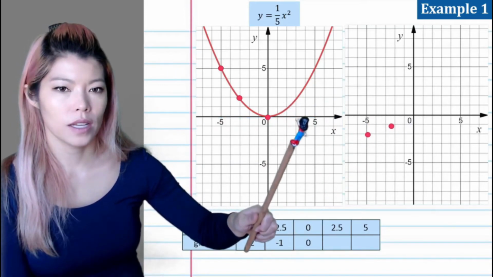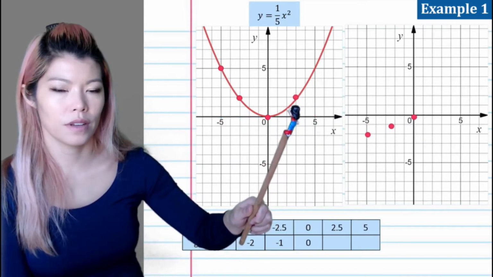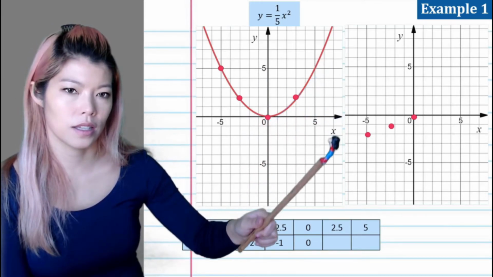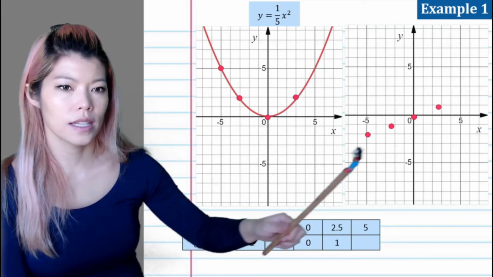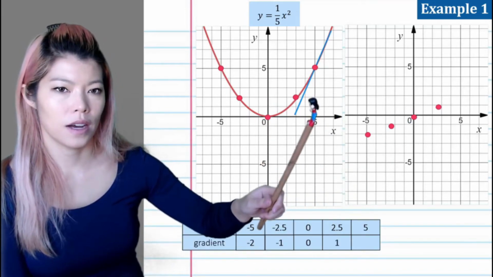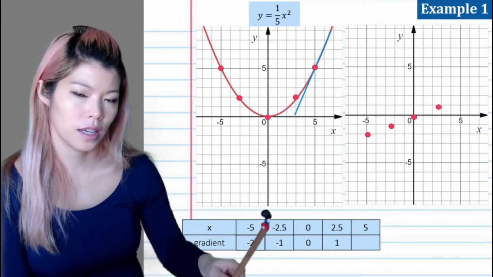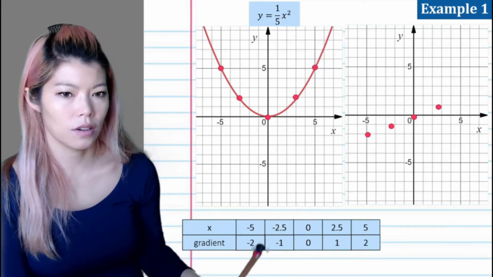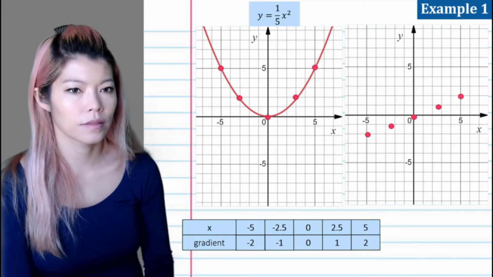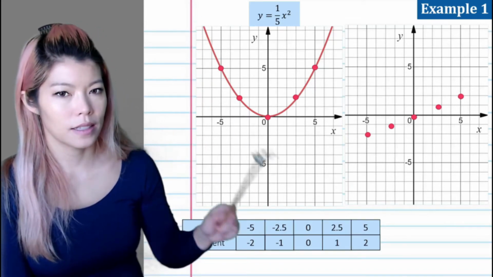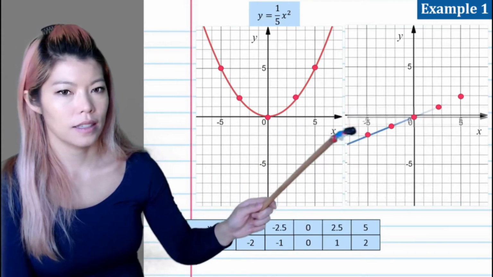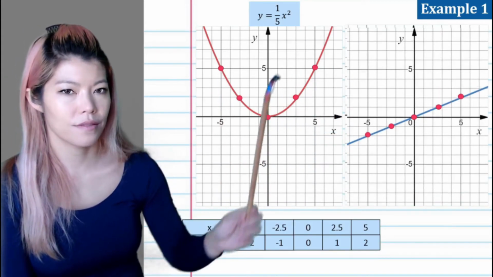And then at 2.5, we draw a tangent, and we can see that this tangent has a gradient of 1. And then at 5, we draw a tangent, and we can see that the tangent has a gradient of 2. So we can see that the gradient graph is a straight line for this parabola.